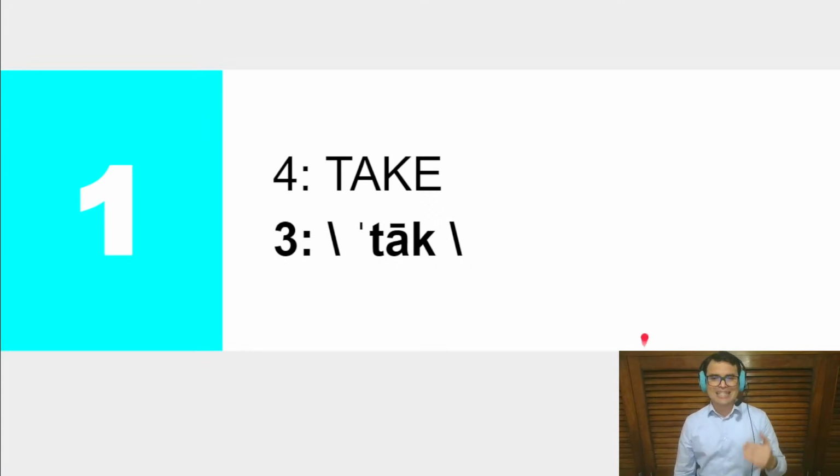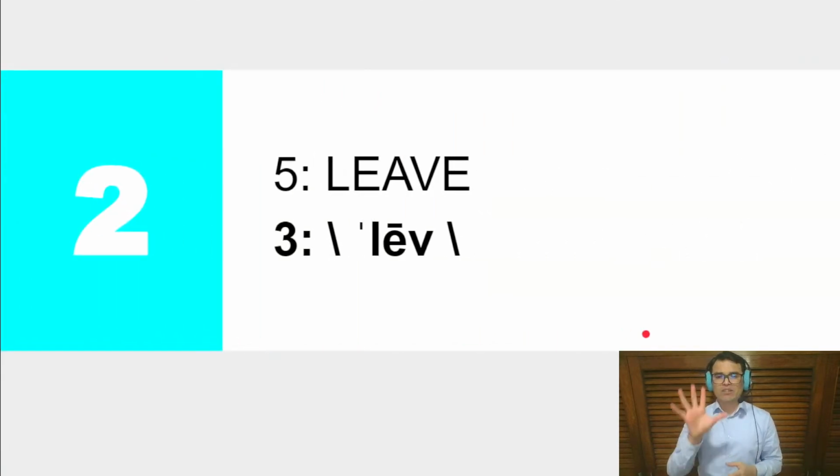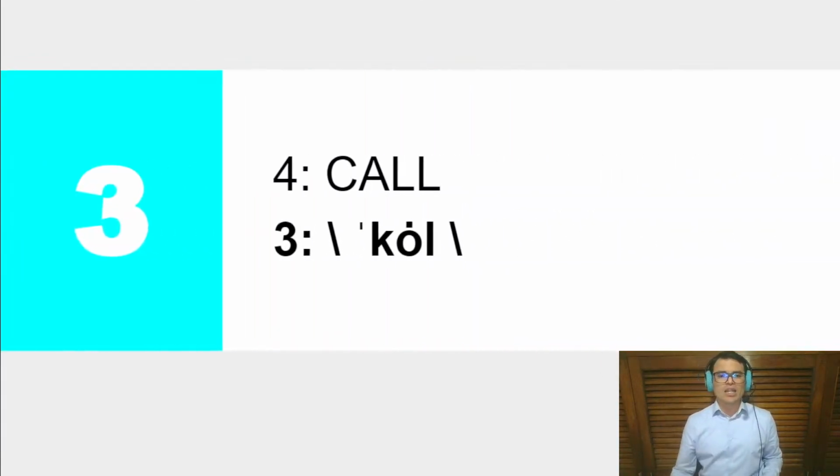Take. Take. This one, 5 letters, 3 sounds. The pronunciation E wearing a hat. Pronunciation leave. Leave. That sound is like smiling. Leave. Okay. Then 4 letters here, 3 sounds.